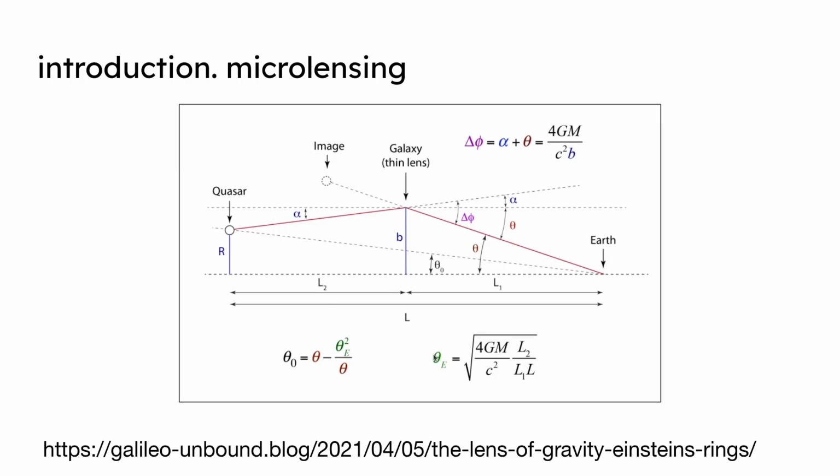And it's useful because if you can identify that value, it holds information about the lens itself, including its mass. It also depends on the relative distances, so it's not a direct weight to mass. You also need to know this stuff, and I guess L2 and L1 are the most sensitive.